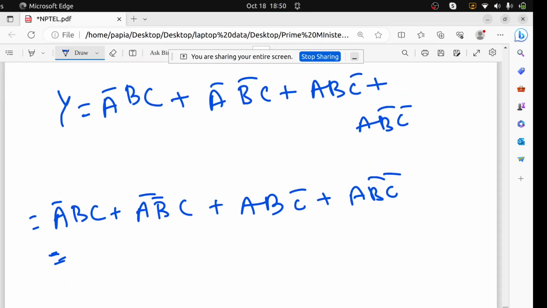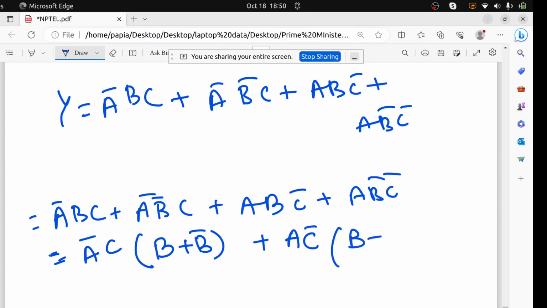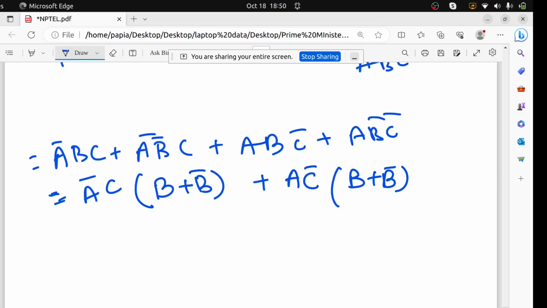From the first two, we can take common A bar C, B plus B bar, plus from the last two, I can take common A C bar, B plus B bar. Now you can see it can be written as A bar C plus A C bar.